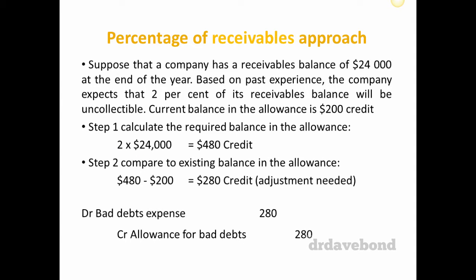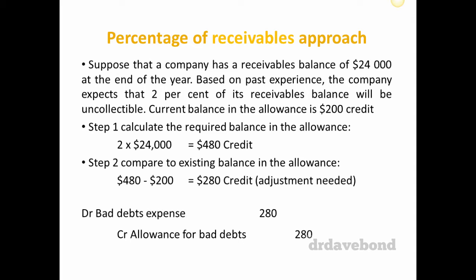And for this one, I'm going to draw up some T accounts because I think it just helps visualize what's going on here. So imagine we have three accounts: a bad debt expense, account receivable, and an allowance. Suppose that a company has a receivables balance of $24,000 at the end of the year.